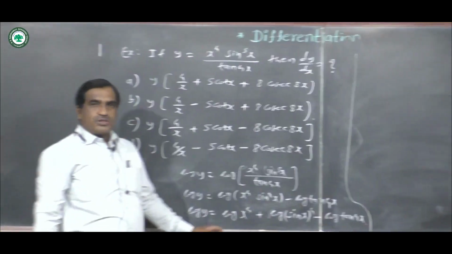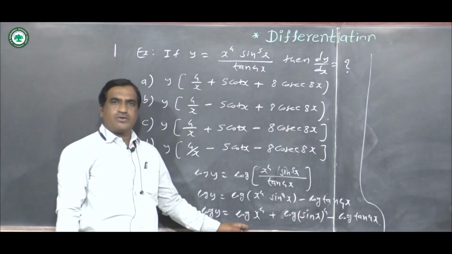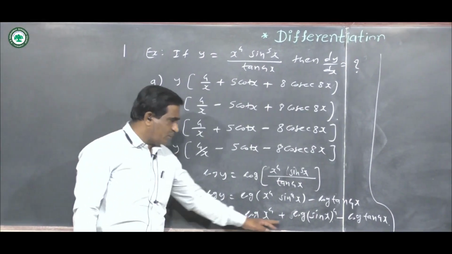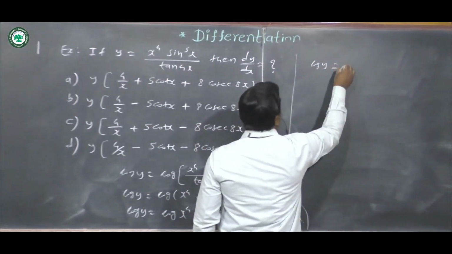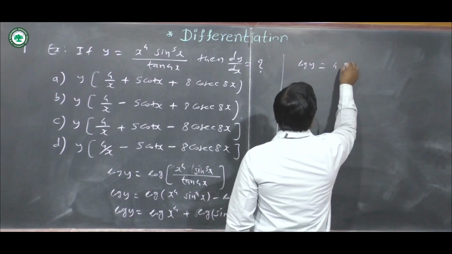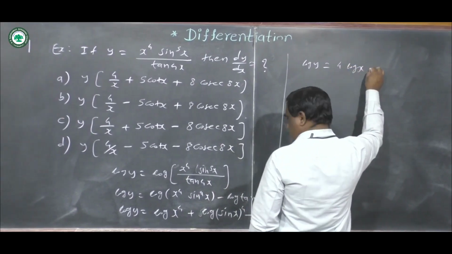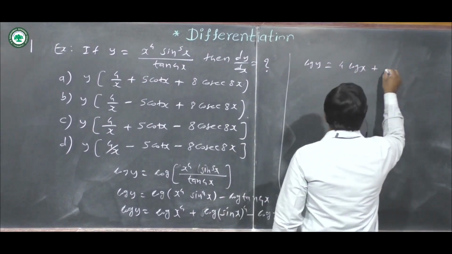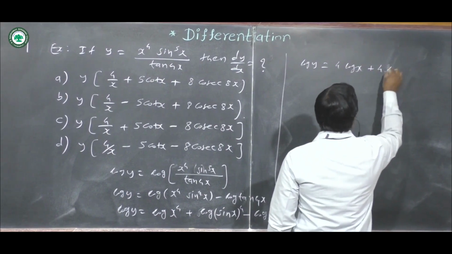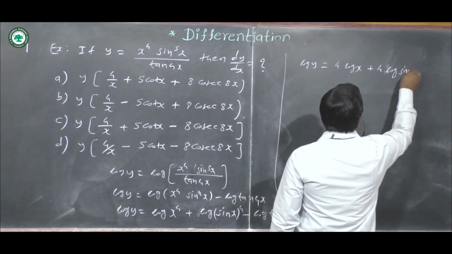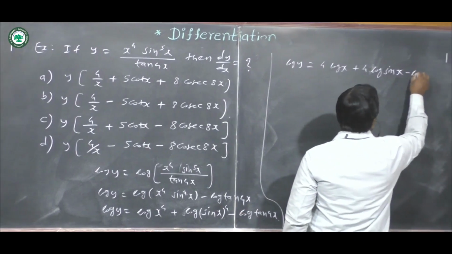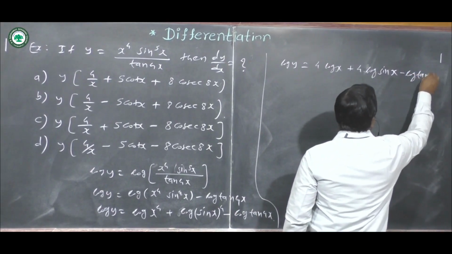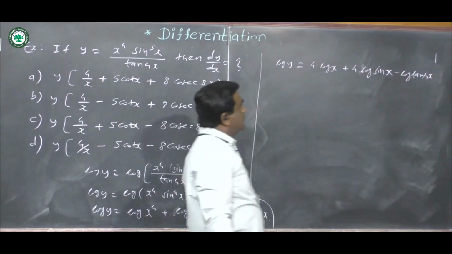Now also we have to use the third rule for logarithm, log a raised to b equal to b into log a for these two terms. Then we can write log y is equal to 4 into log x plus 5 into log of sin x and minus log of tan 4x as it is.